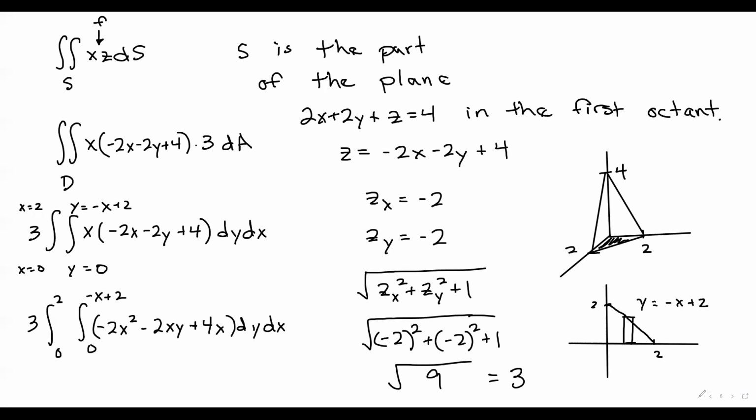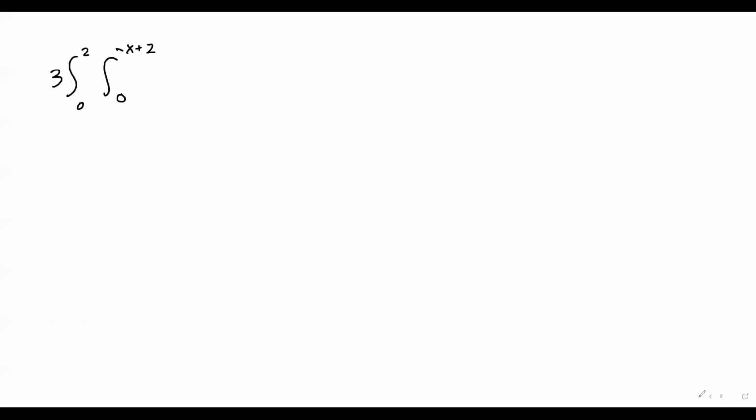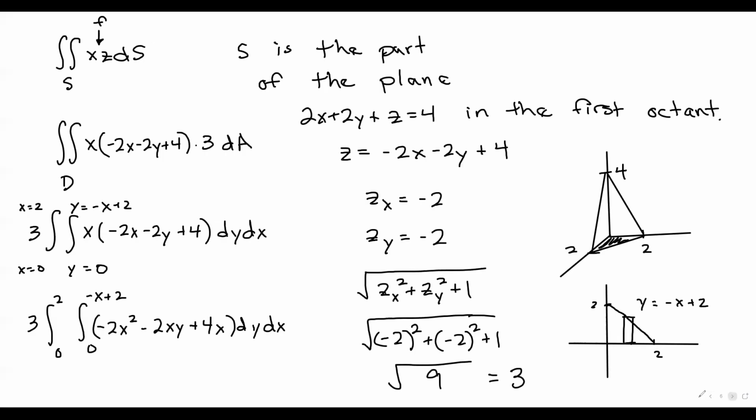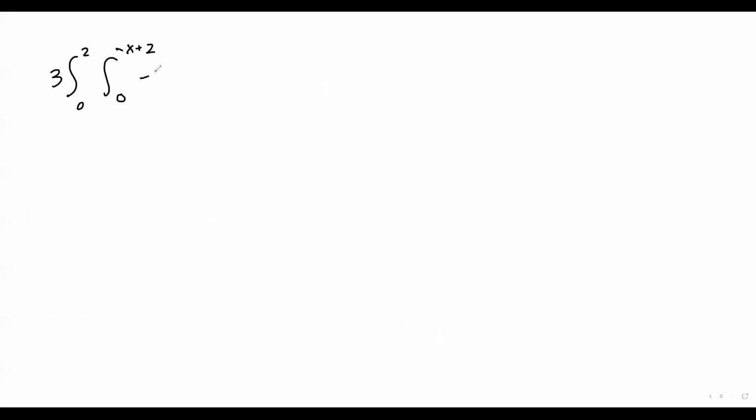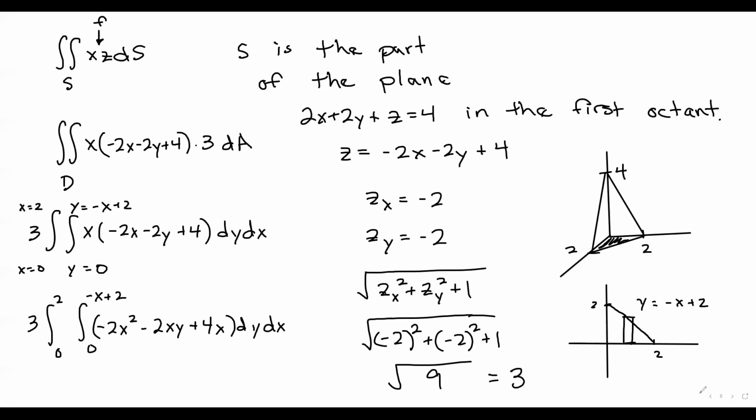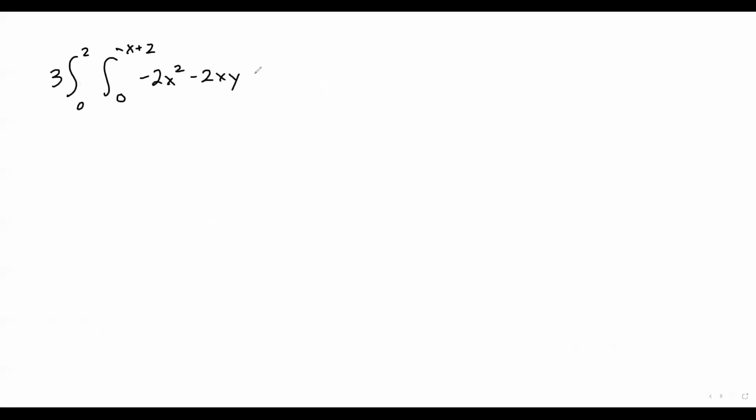Okay, switch this over to the next page. 3, 0 to 2, 0 to -x plus 2. What do we have? That's going to be -2x squared minus 2xy plus 4x, dy dx.